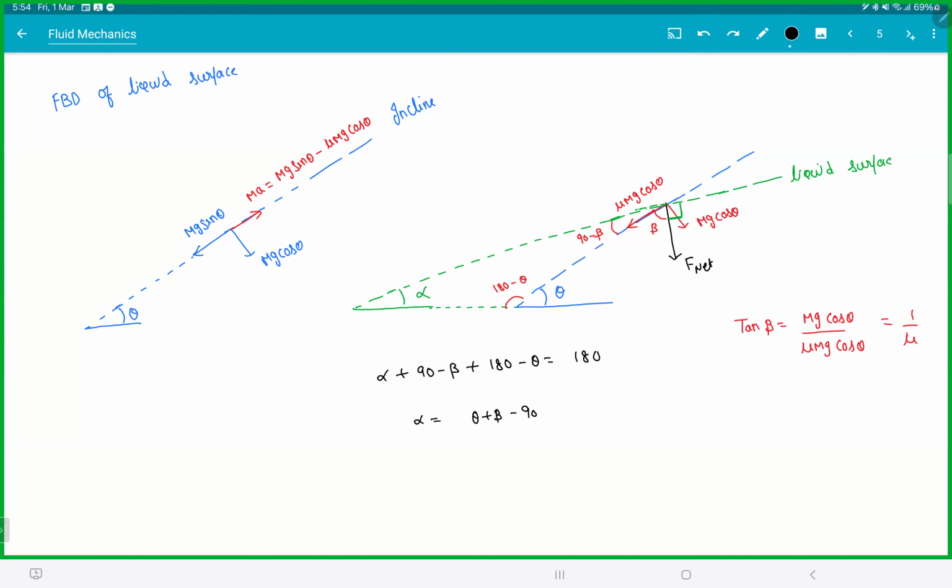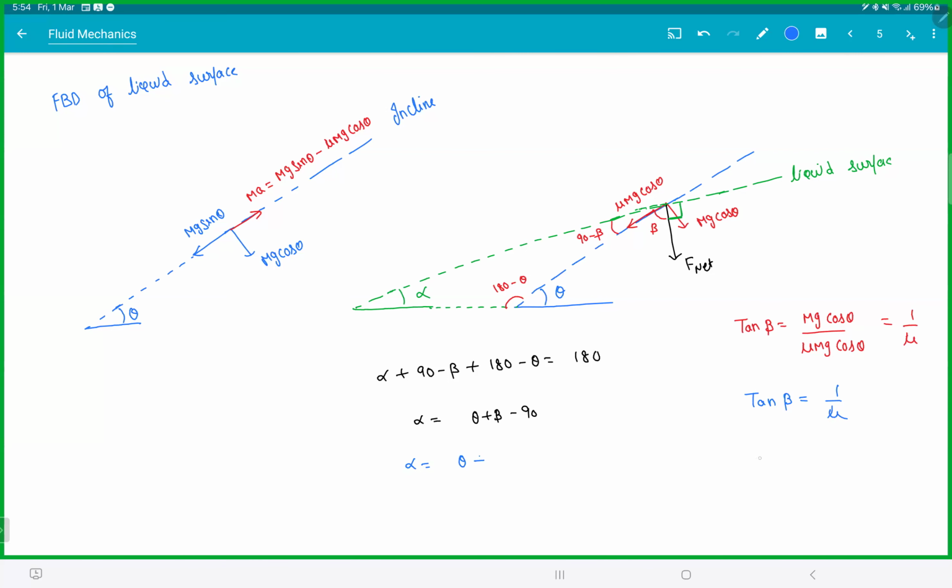Beta is tan inverse mu. Tan beta is 1 by mu. Tan of 90 minus beta will be cot beta, no? So alpha would be theta minus tan inverse mu.